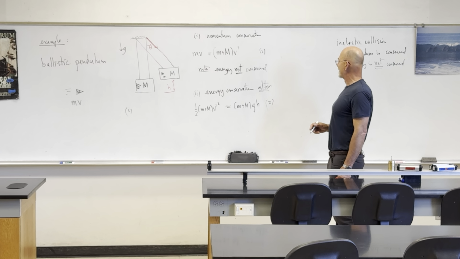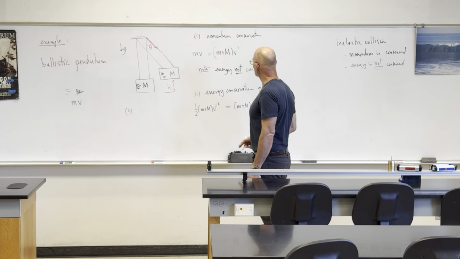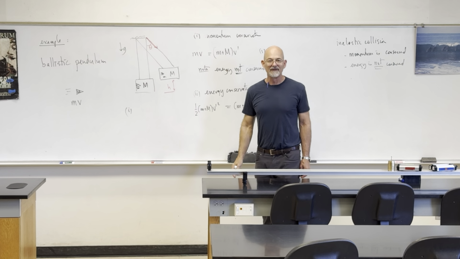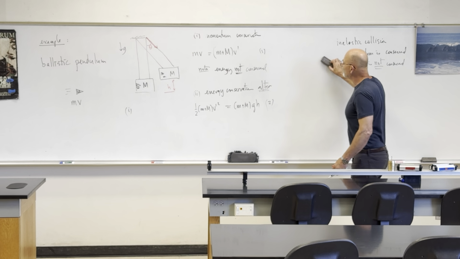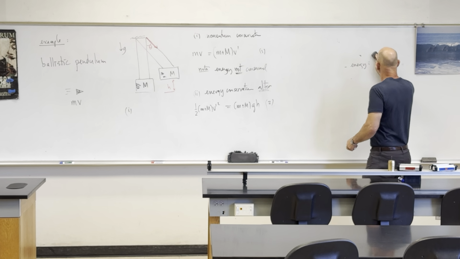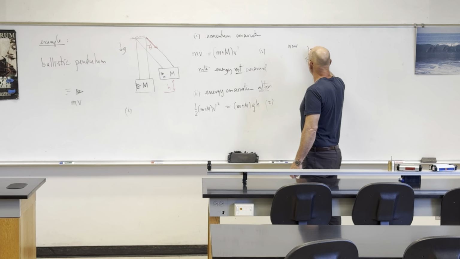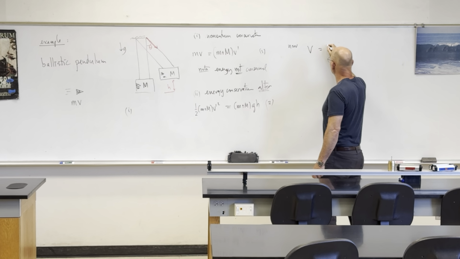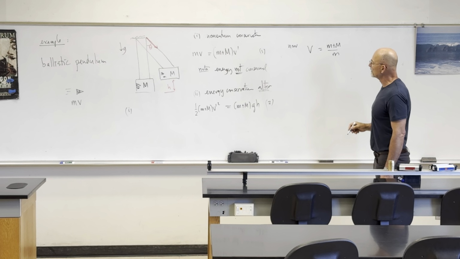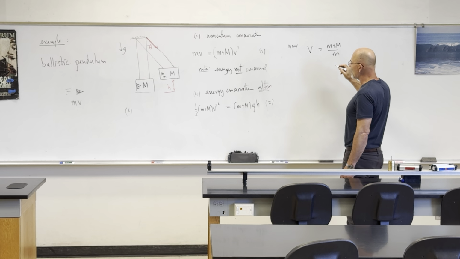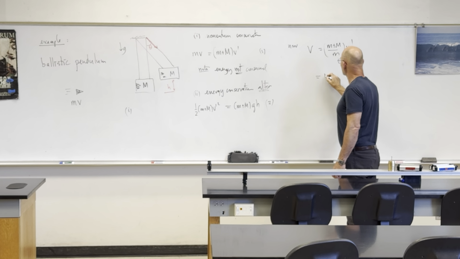And so what are we looking for? We're looking for the speed of the bullet. That was our goal. We could be looking for other things. So we'll go ahead and solve for the initial v and just see what happens. So now v is equal to the sum of the two masses divided by the mass times the v prime. And we'll just plug in and see what happens.